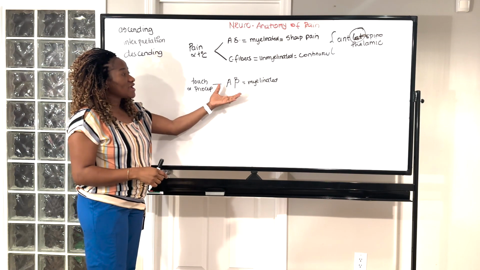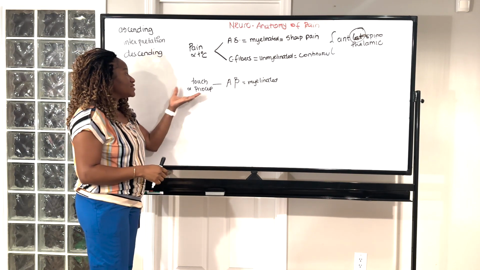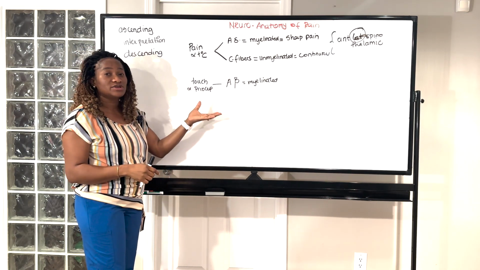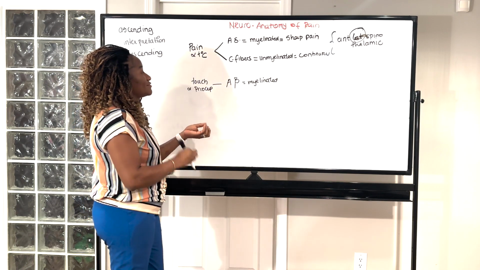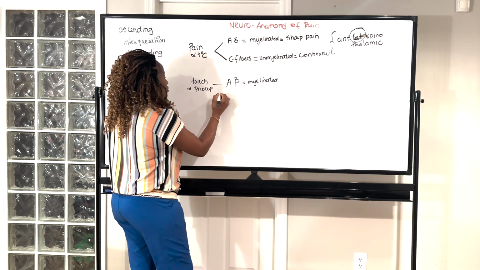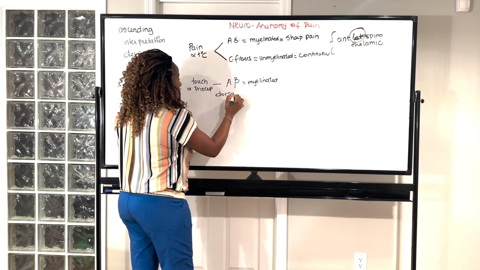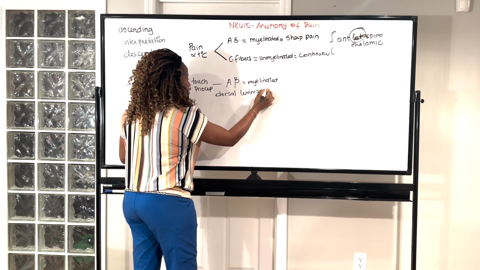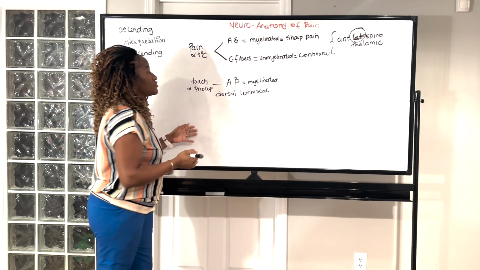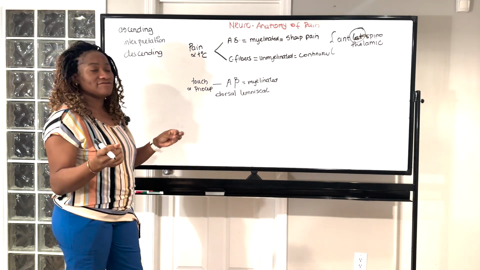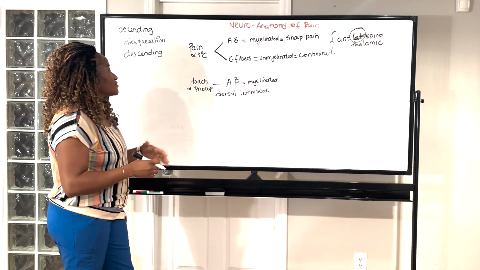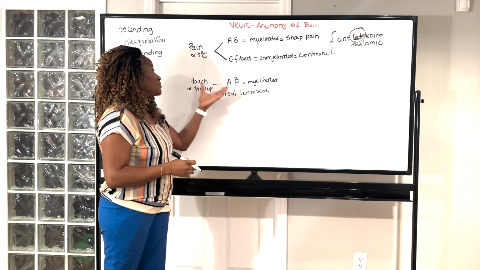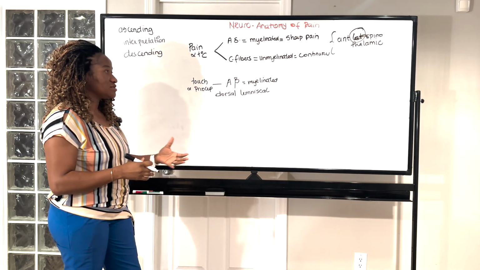And our A beta fibers, which carry touch and proprioception, are going to take another pathway called the dorsal lemniscal pathway, through the fasciculus gracilis and cuneatus. So this dorsal lemniscal pathway conducts touch and proprioception.